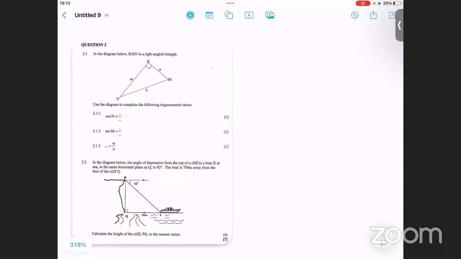So I've got it now. Sec is the opposite of cos, meaning you have to reverse the formula, sir. So instead of saying adjacent over hypotenuse, you say hypotenuse over adjacent.